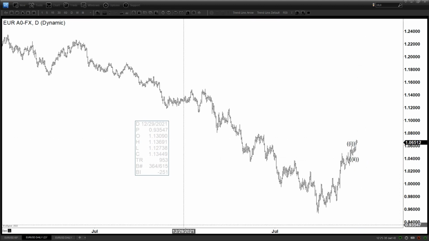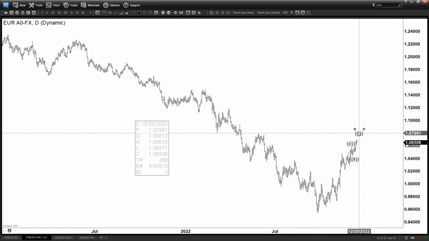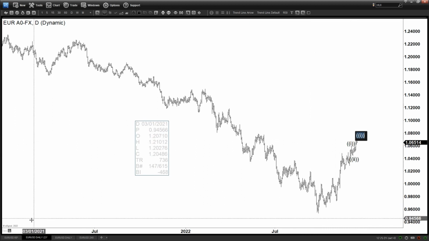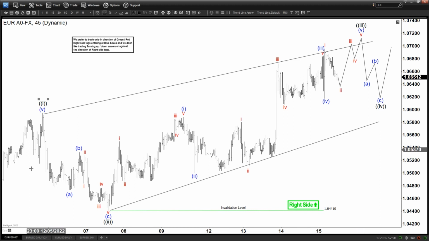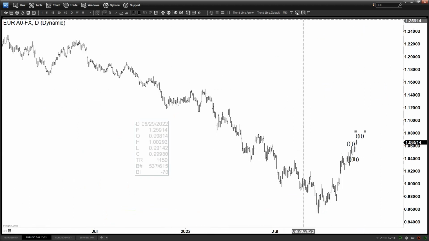So that's your 1 and 2, and now we are about to finish with 3, and then with 4 and then with 5. So it is a diagonal, right? It's a diagonal starting from here.